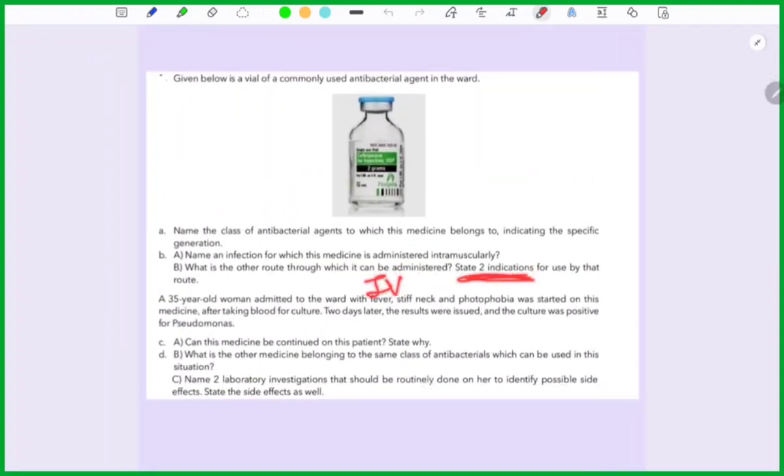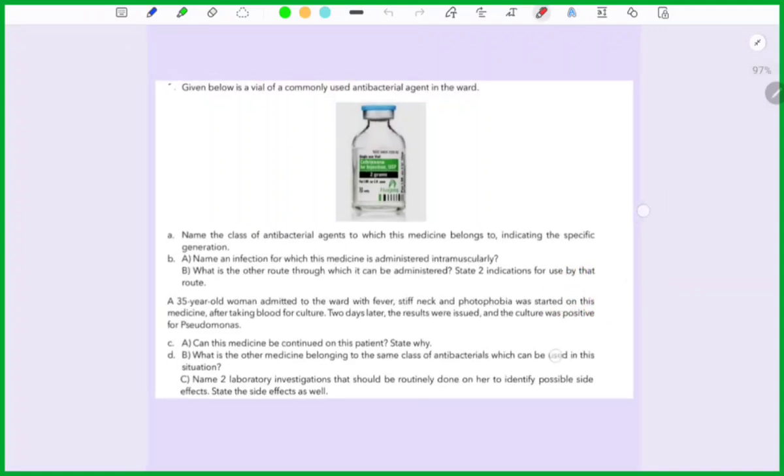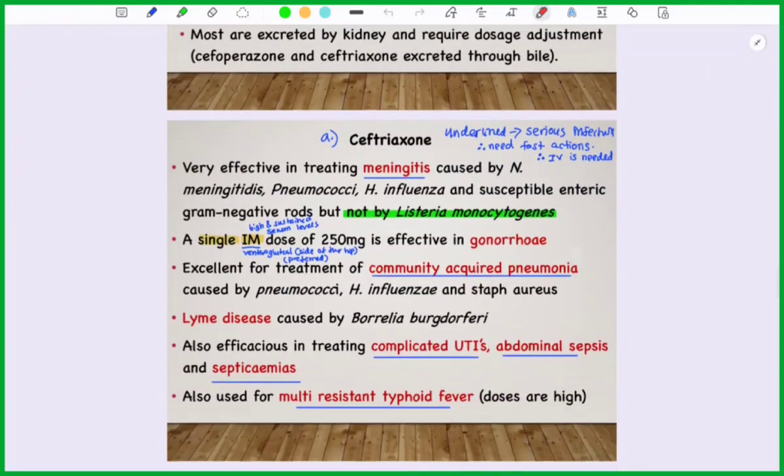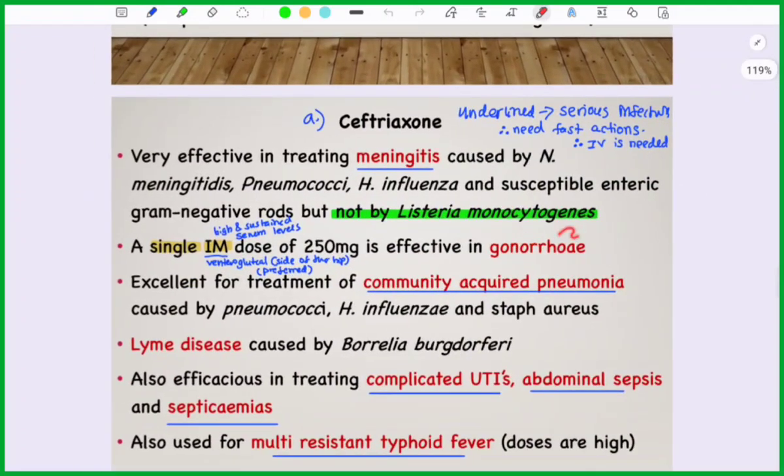State 2 indications. We discussed community-acquired pneumonia, complicated UTIs, meningitis. For those things, you can use IV. To remember, all these except gonorrhea: meningitis, community-acquired pneumonia, complicated UTI, sepsis, typhoid fever, those are infections which require immediate therapy.